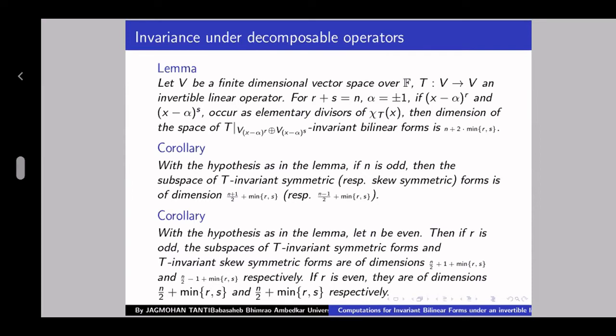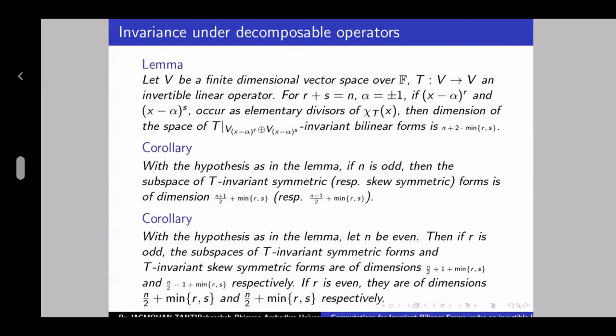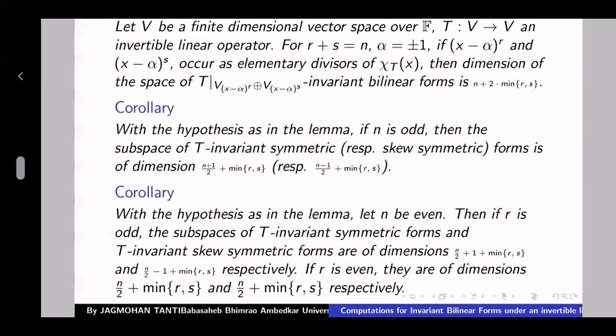Again, with the same hypothesis, here n is even. If r is odd, the subspaces of T-invariant symmetric forms and T-invariant skew symmetric forms are of dimension n by 2 plus 1 plus minimum of r and s, and n by 2 minus 1 plus minimum of r and s, respectively.